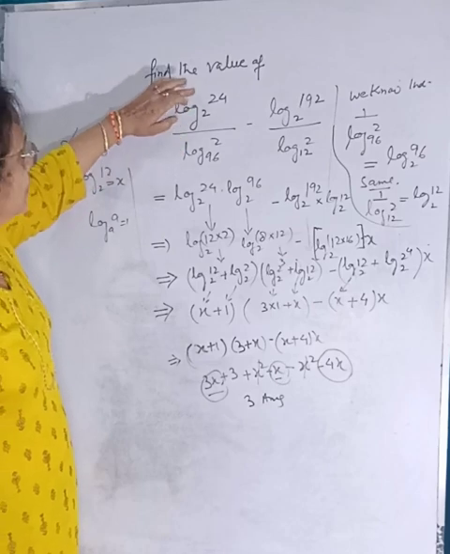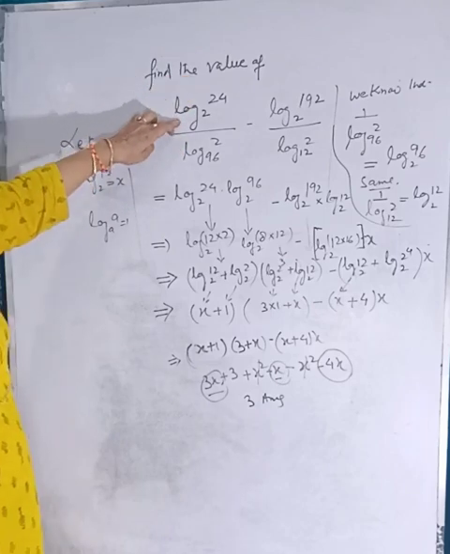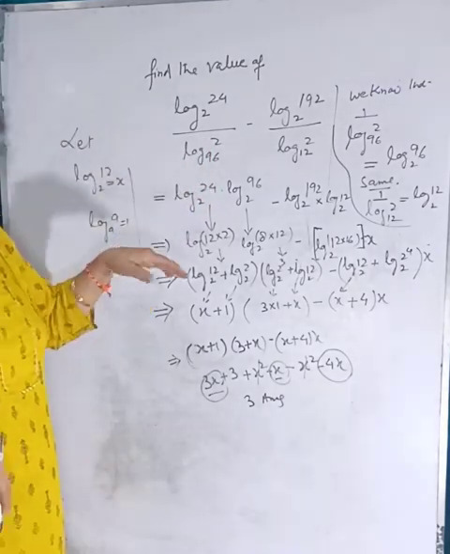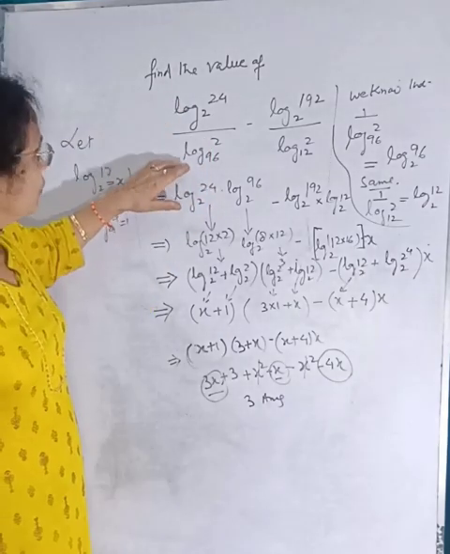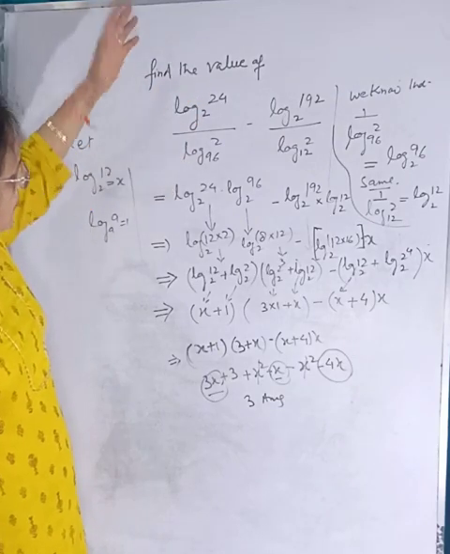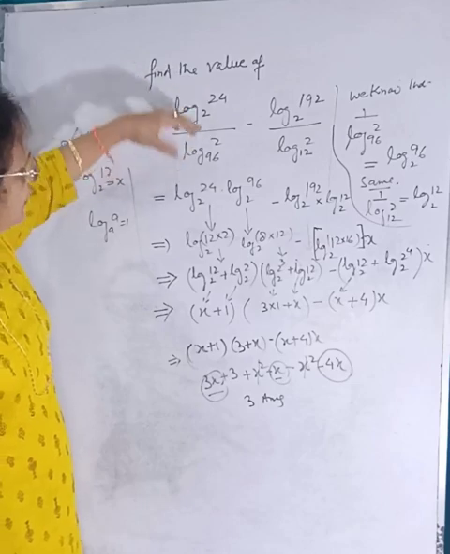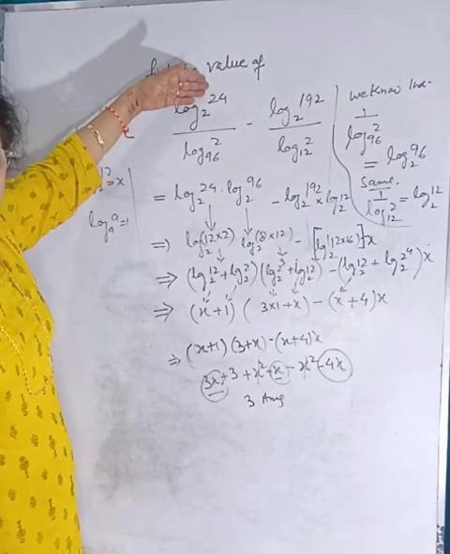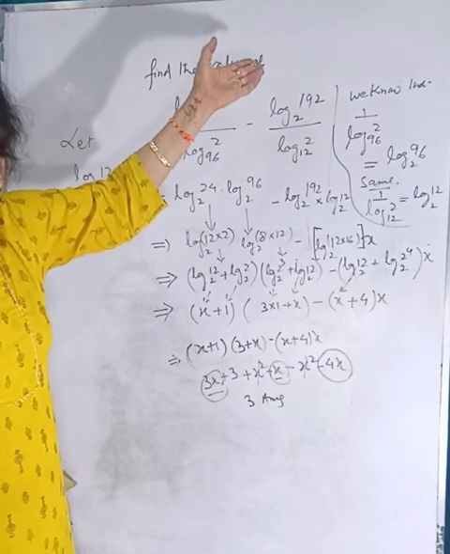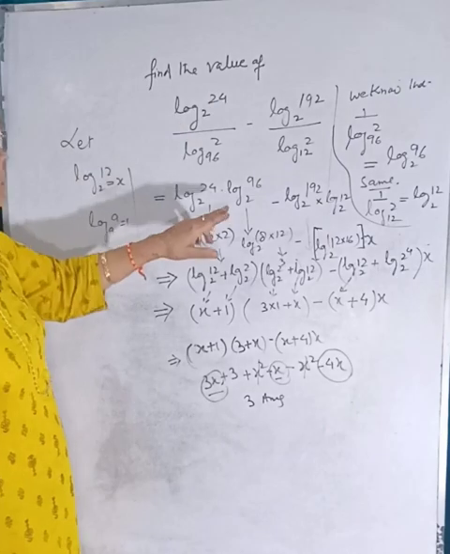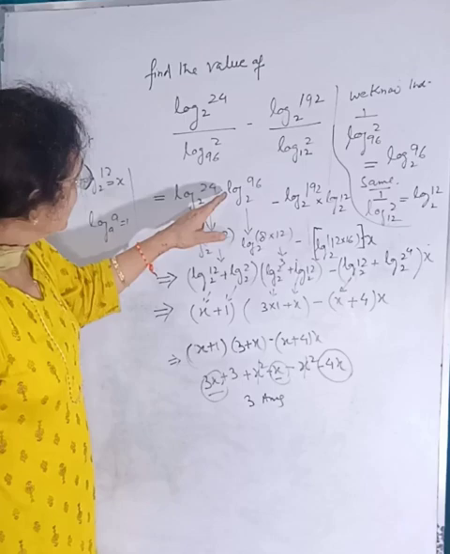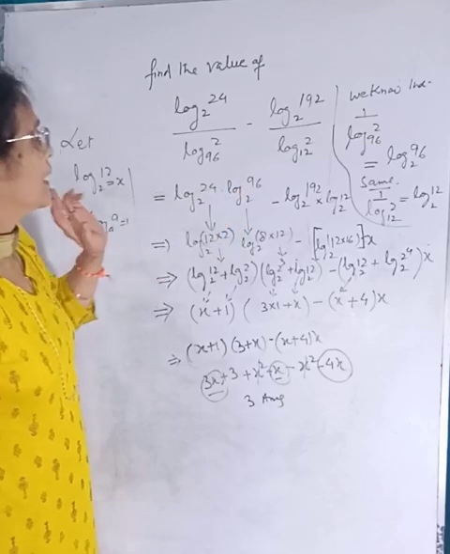Log 24 with the base 2 अपॉन log 2 with the base 96 है. इसको हमने ऊपर लेके गए तो log of 24 with the base 2 ऊपर जाने पर डिनोमिनेटर से न्यूमरेटर में जब जाता है तो बेस log बन जाती है, चेंज इंटरचेंज हो जाता है. तो इन टर्म्स ऑफ मल्टीपल दिस बिकम ऊपर आ गया, दैट इज log of 96 base 2 हो गया.